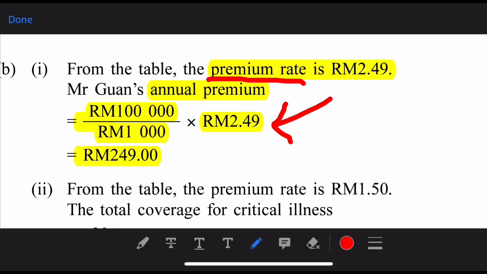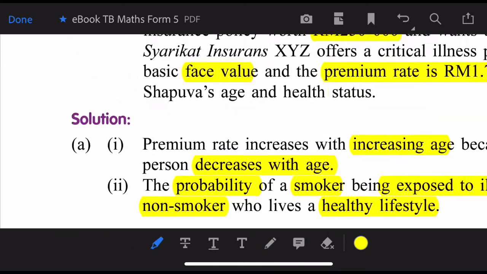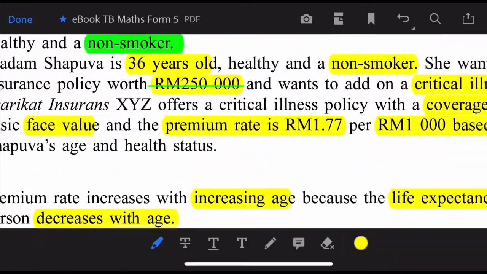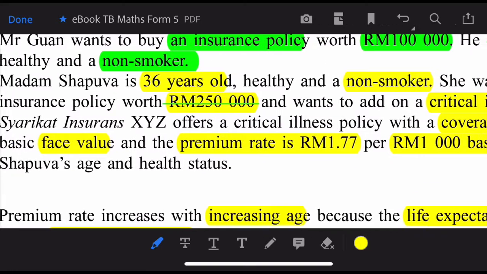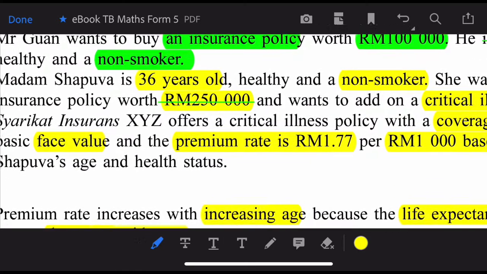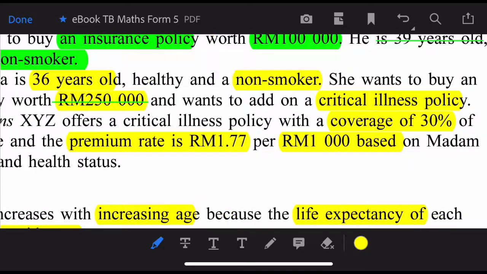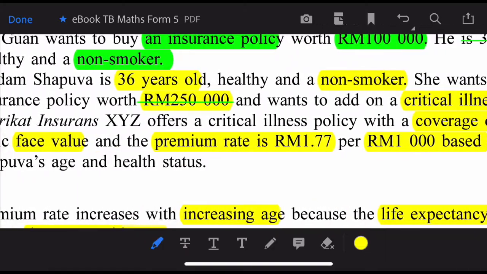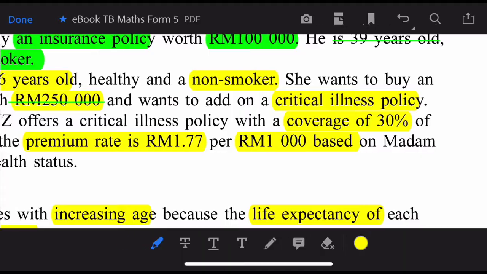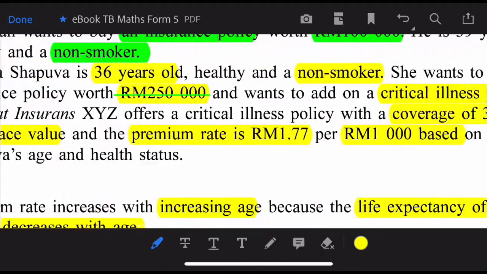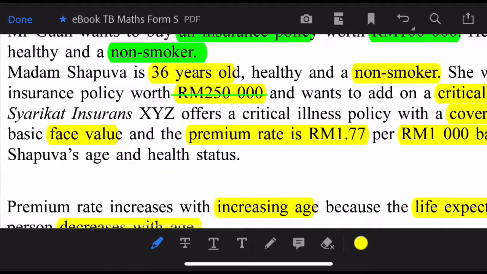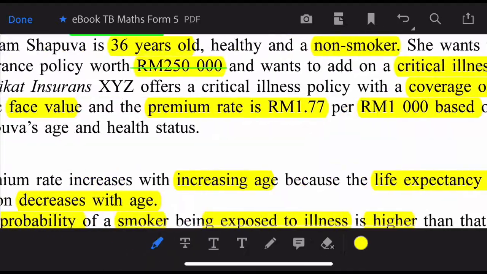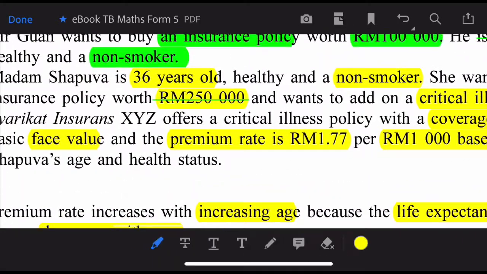All right. Now for number 2, we need to calculate for Madam Sapurwa, 36 years old, and a non-smoker. The policy is worth 250,000 plus a critical illness policy. The insurance company offers an illness policy with a coverage of 30% of the basic face value, and the premium rate is 1.77 per 1,000 based on Madam Sapurwa's age and health status.